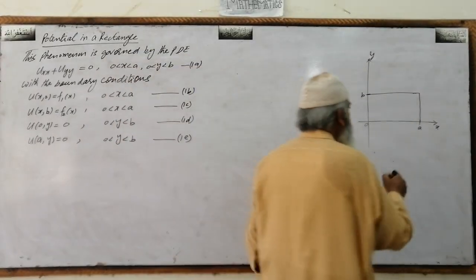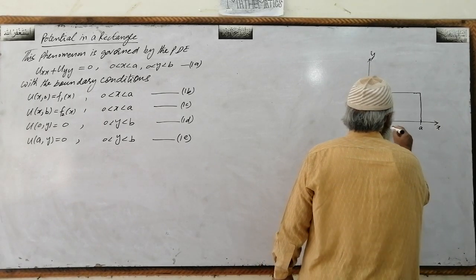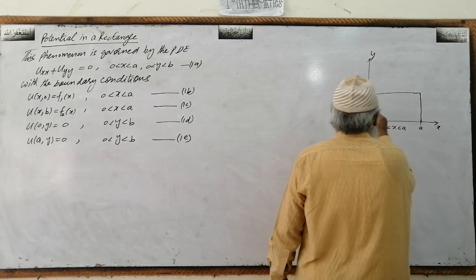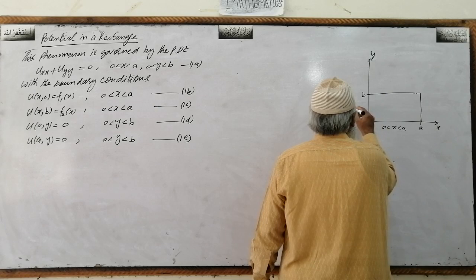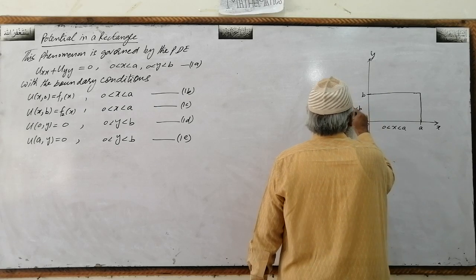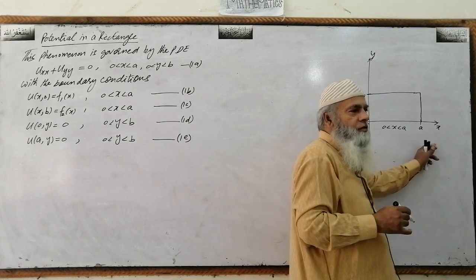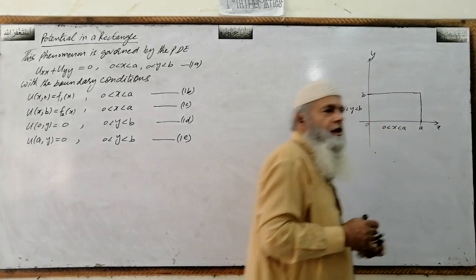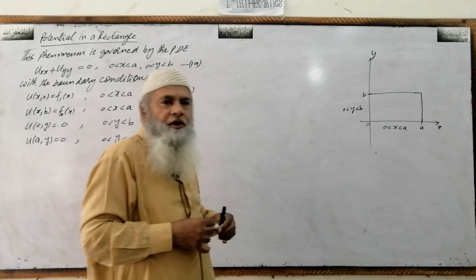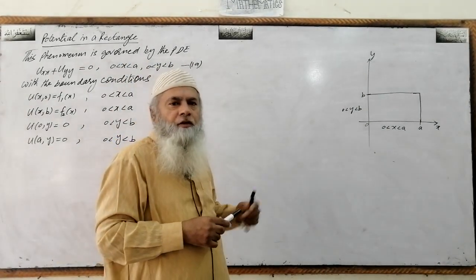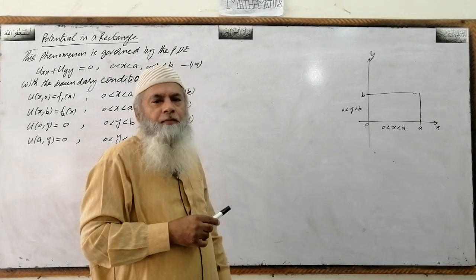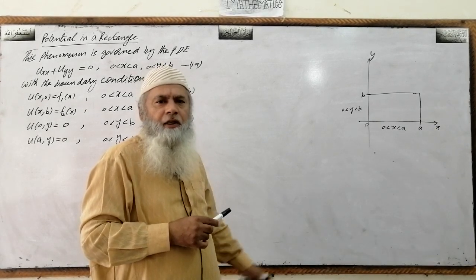Look at the boundary conditions: x varies from 0 to a, and here y varies from 0 to b. These boundary conditions basically make the rectangle. That's why we are calling it potential in a rectangle.